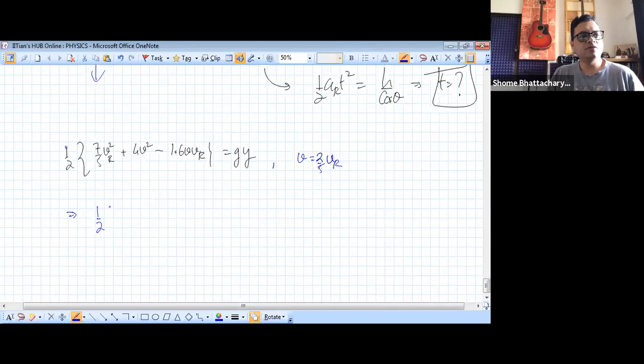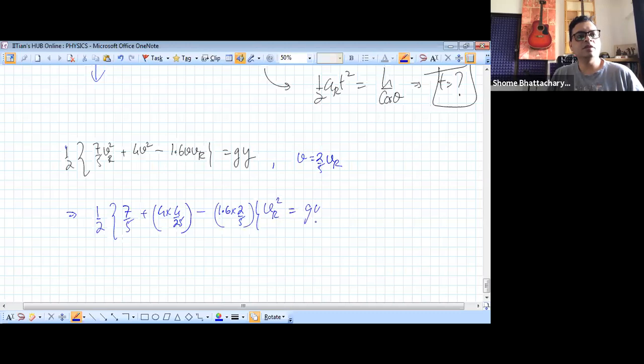So I'll get half of 7 by 5 plus 4 into 4 by 25, minus 1.6 into 2 by 5 v relative square is equal to g y. Minus, this is right, that 16 by 10 or 8 by 5.